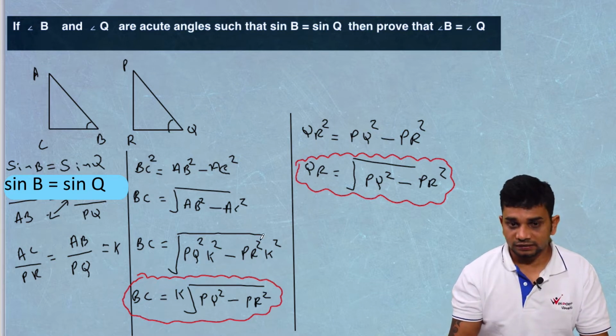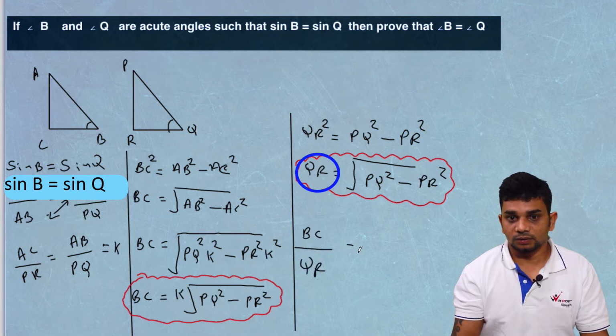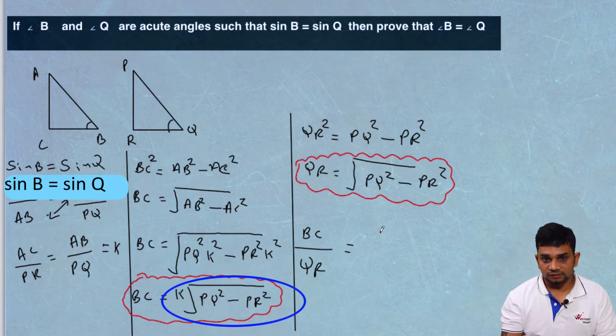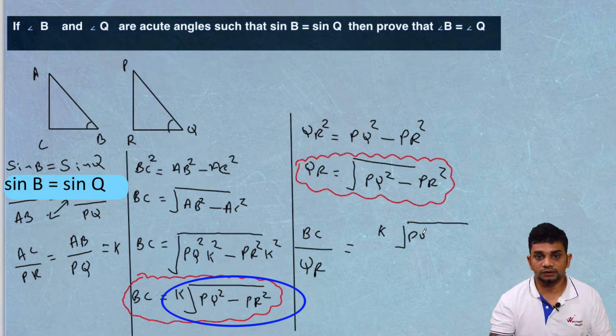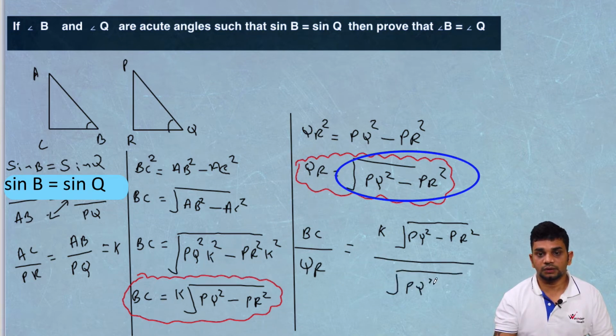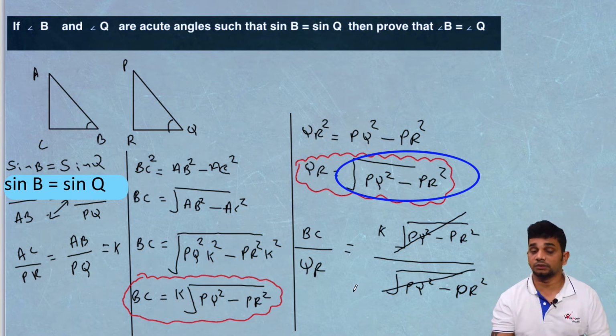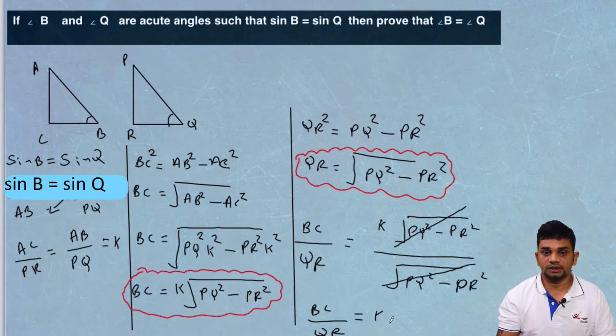First, the left hand side, BC by QR, equal to the right hand side, K into root of PQ square minus PR square, all divided by root of PQ square minus PR square. The roots cancel and it will be K. So we can write BC by QR equal to K.